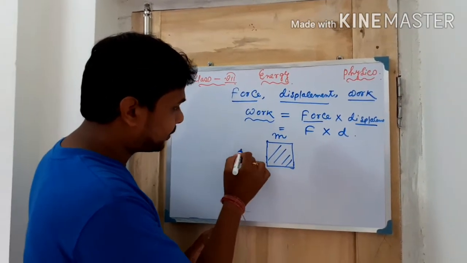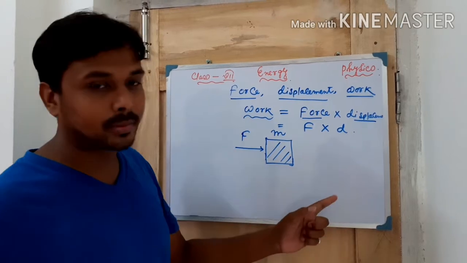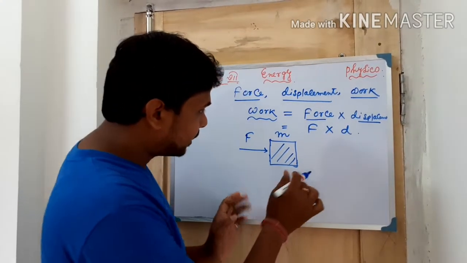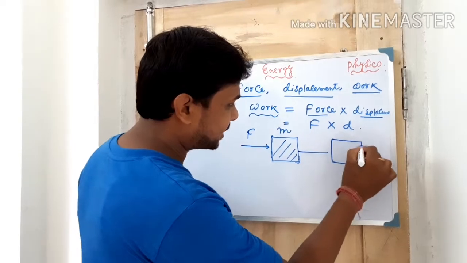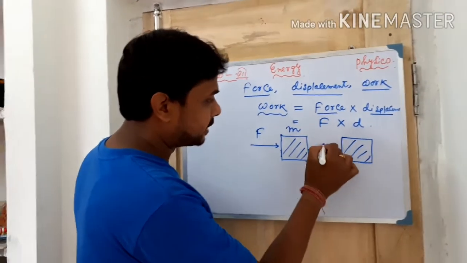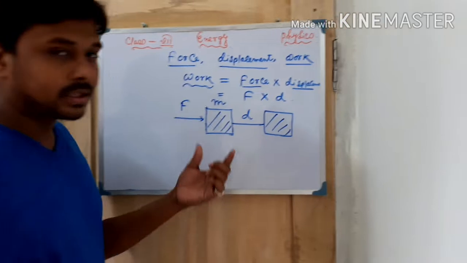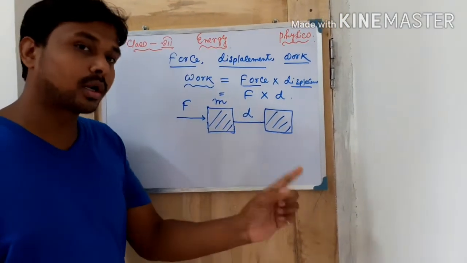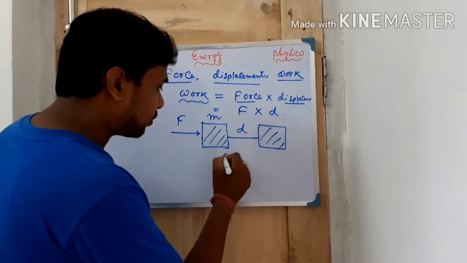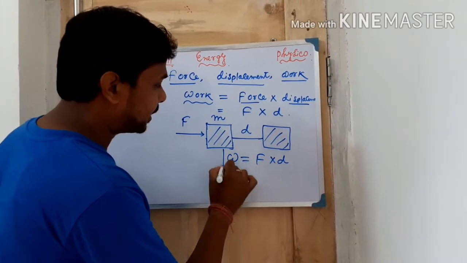If you apply F amount of force on the body and the body shifts, some displacement takes place. In this case, definitely some amount of work has been done.